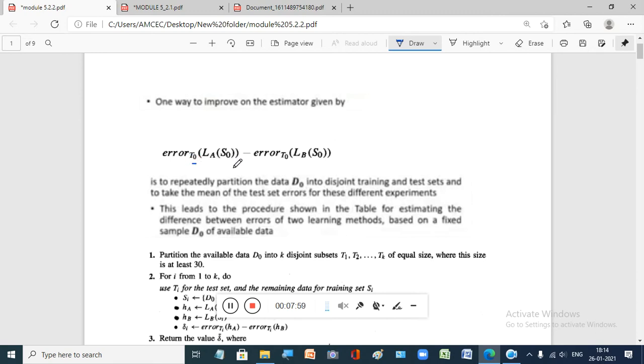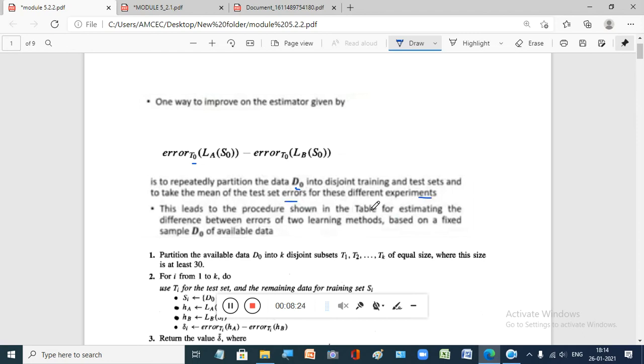We repeatedly partition data D0 into disjoint training and test sets and take the mean of the test set error for these different experiments. We conduct different experiments by partitioning our data D0.